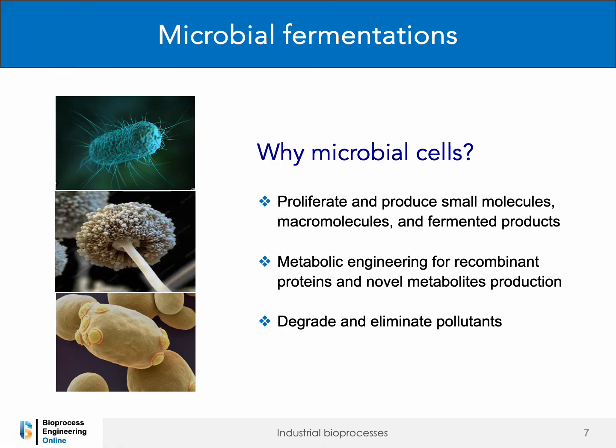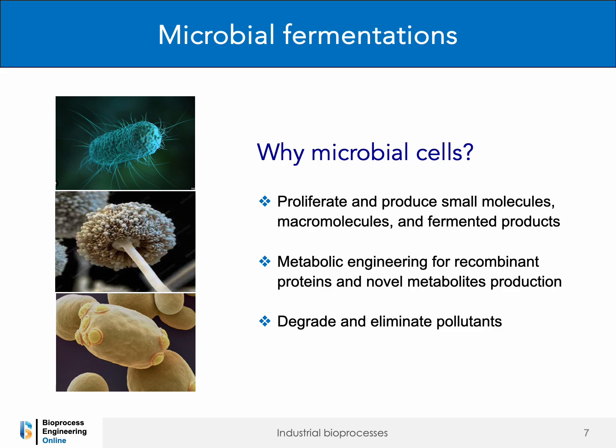The second category of bioprocesses comprises microbial fermentations. On an industrial scale, a wide variety of microorganisms, including bacteria, yeasts, and filamentous fungi, are utilized. In these processes, microbial cells leverage their intricate metabolic pathways to proliferate and yield a broad spectrum of products.